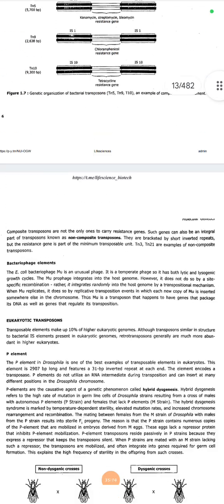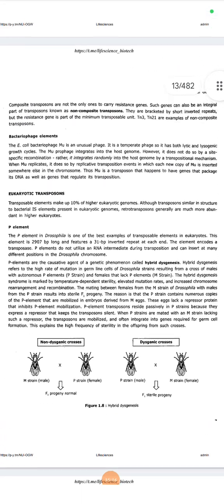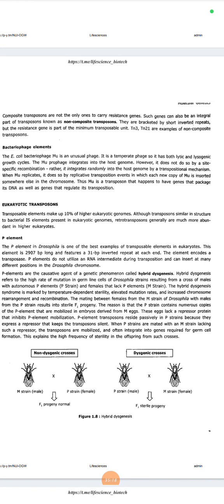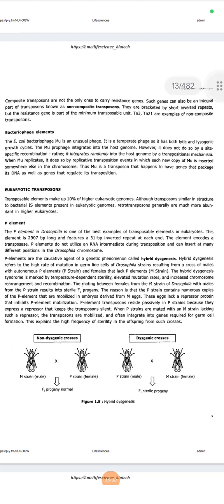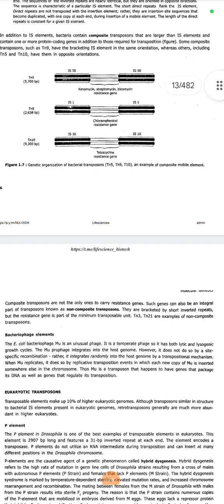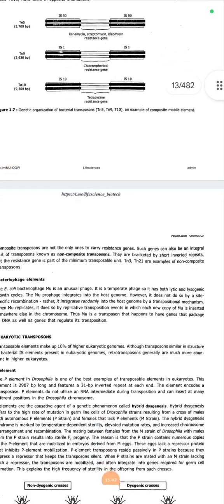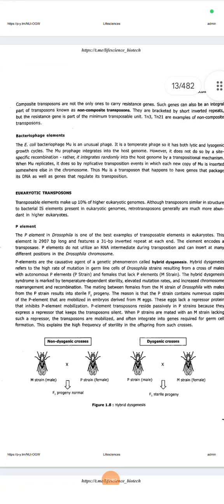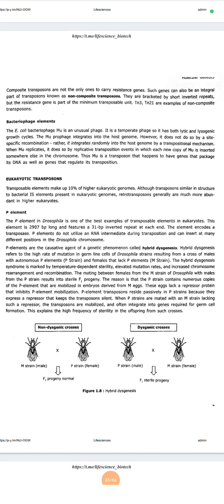Tn3 and Tn21 are examples of non-composite transposons. Their inverted repeats are short, and the resistance gene is part of the minimum transposable unit. In composite transposons the resistance gene is part of a longer transposable unit.